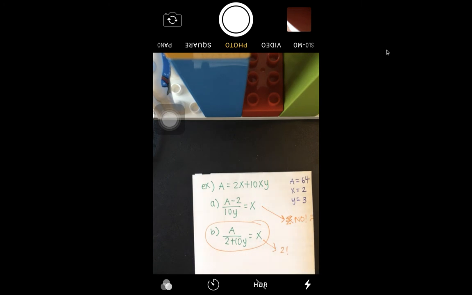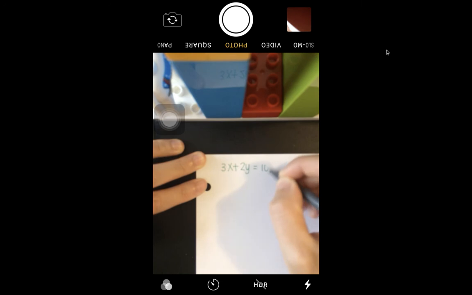Okay, last one. You try this one by yourself. It's kind of exactly like what we just did in that last problem. Okay, so I have 3x plus 2y equals 10x minus 4y. Solve for x.